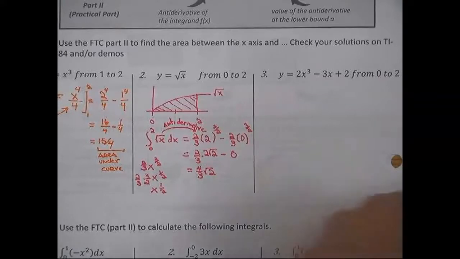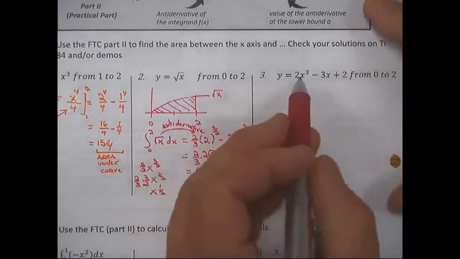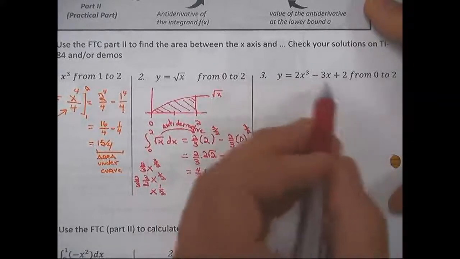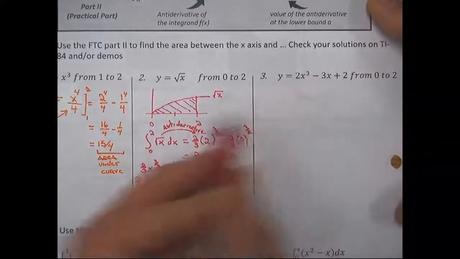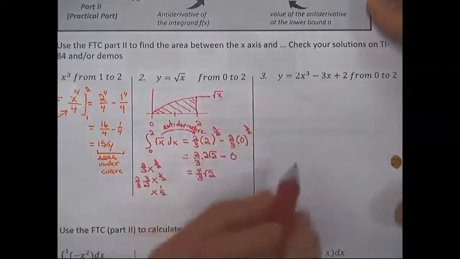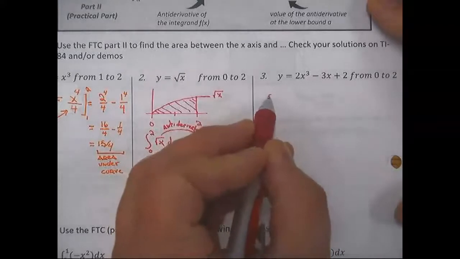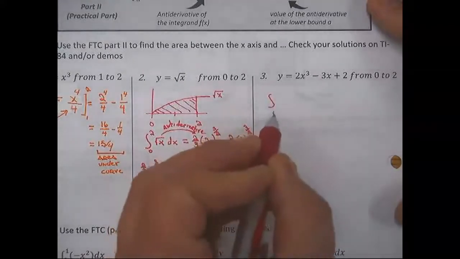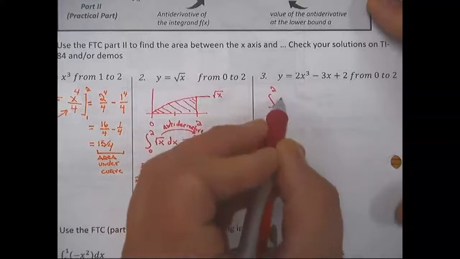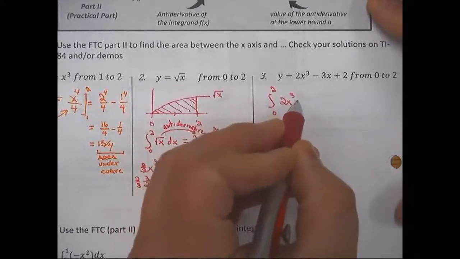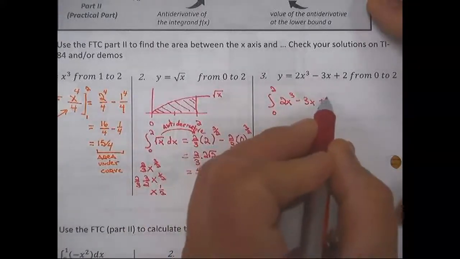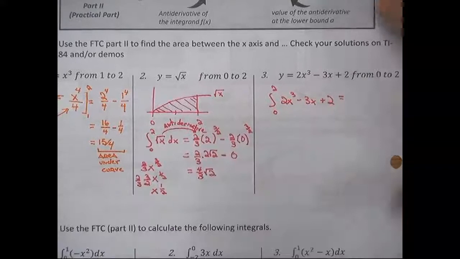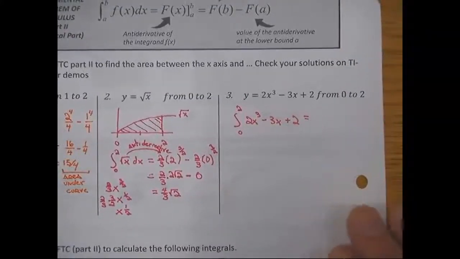Okay, so now we have this function. This would be a cubic, and we want to find what's the value between 0 and 2. What's the area under this curve? All right, so just do your integral, 0 to 2, 2x cubed minus 3x plus 2 equals, oh, let's see, we're going to need a little bit more space.